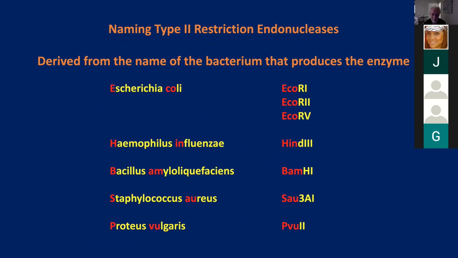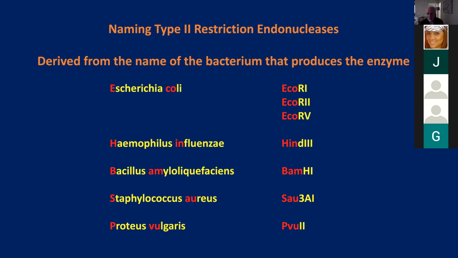Now, one of the sort of mysterious things about restriction endonucleases is their names. Where do these names come from? EcoR1, HindIII, and so on. They come from the names of the bacteria that produce them. So for example, Escherichia coli, E. coli, produces a number of restriction enzymes, EcoR1, EcoR2, EcoR5, and others.